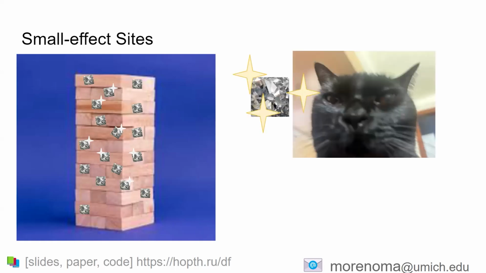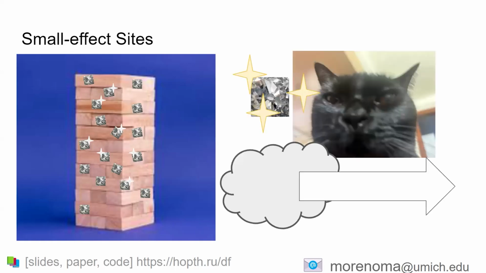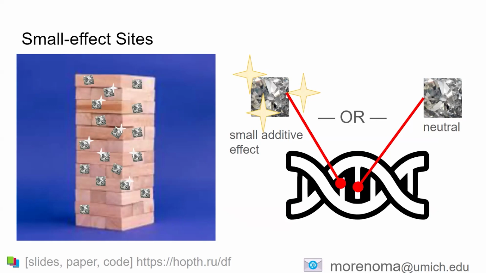Perhaps in this analogy, these sequins have some kind of protective effect against predation on the Jenga tower. Just to be clear, in this extended analogy, we're considering each of these little sequins as a genome site, and we're considering the possibility that they might have a small additive effect in protecting against predation, or they might be entirely neutral.